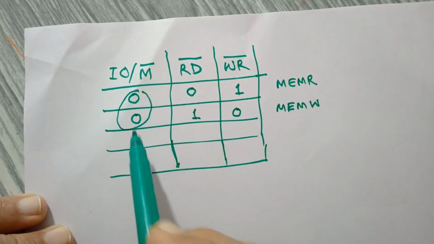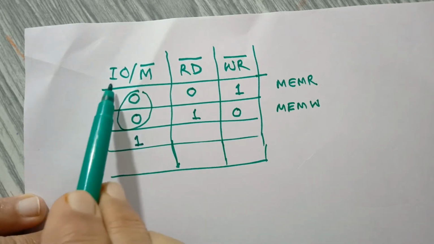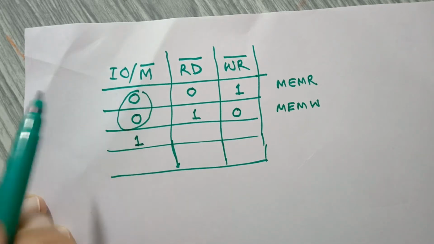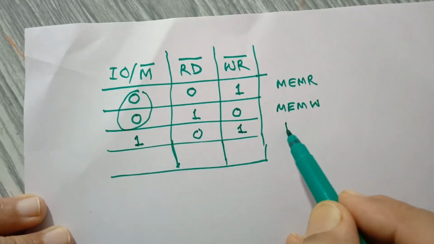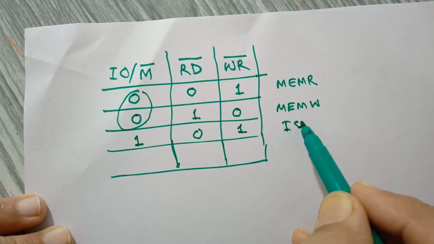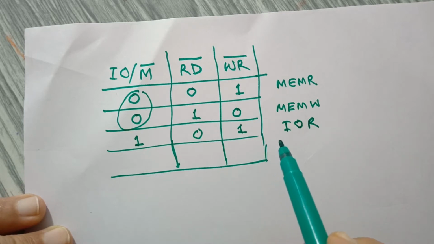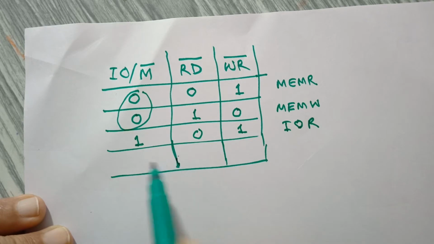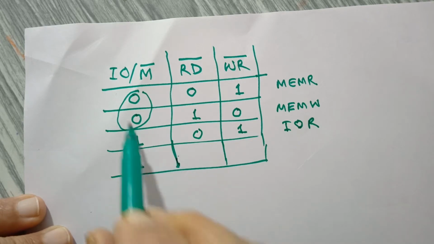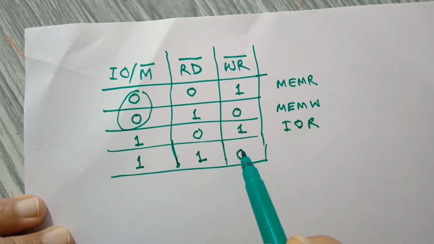Now when this control pin is 1, 1 means not memory, it is IO. And when this is 0 and this is 1, this is IO read. That means the microprocessor will read information from the input device, get the data from the input device. Suppose this is 1 and this is also 1 and WR bar is 0.